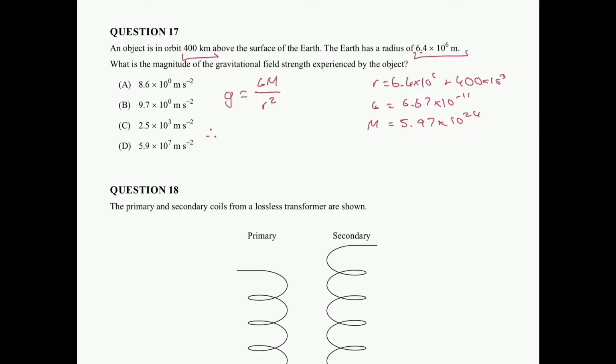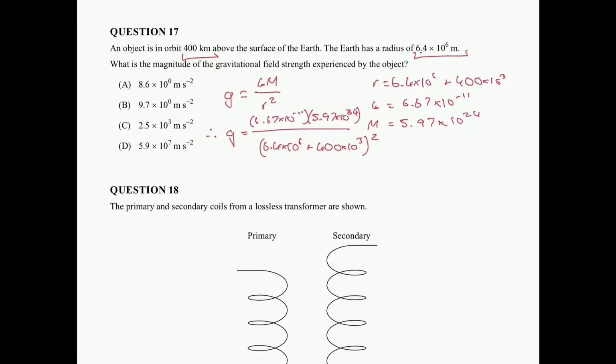So we end up getting g is equal to 6.67 times 10 to the negative 11 multiplied by the mass of Earth, 5.97 times 10 to the 24, all divided by our radius squared, which is that 6.4 times 10 to the 6, plus our 400 times 10 to the 3.